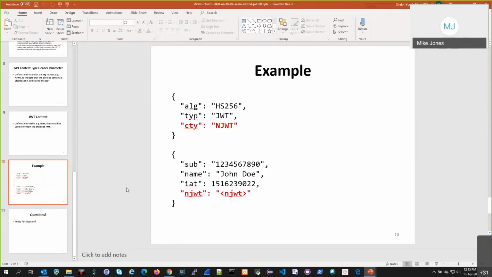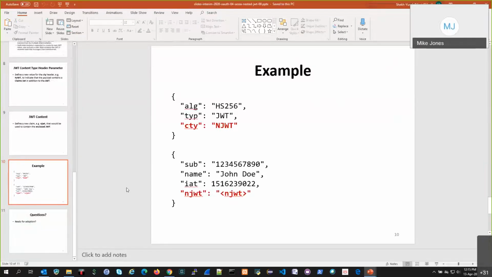It's related, but it's different. So if this goes forward, I would request that we stop using the nested word. Use a word like enclosed or included or JOT claim, JOT valued claim, something that says what it is.